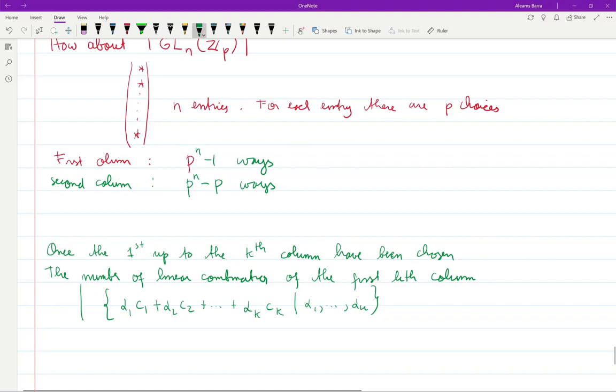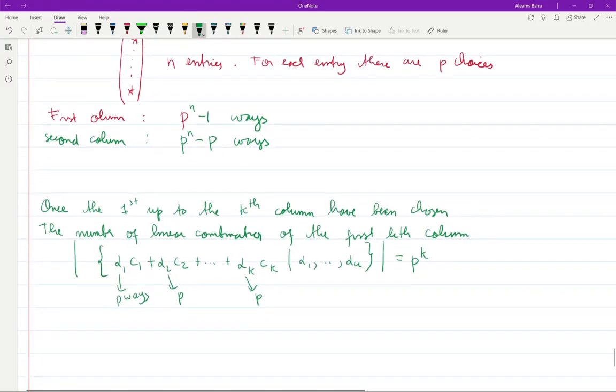Each lambda i can be chosen in p ways, so the cardinality of all linear combinations of C1, C2, up to Ck is exactly p to the kth power.